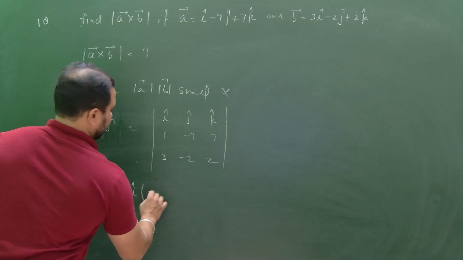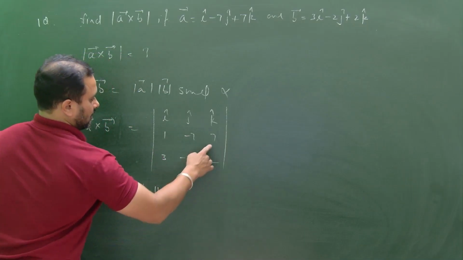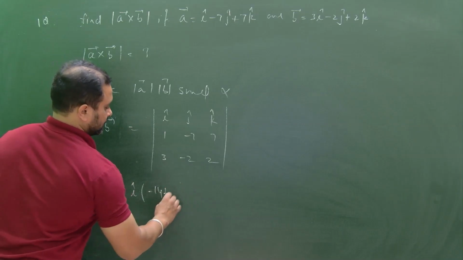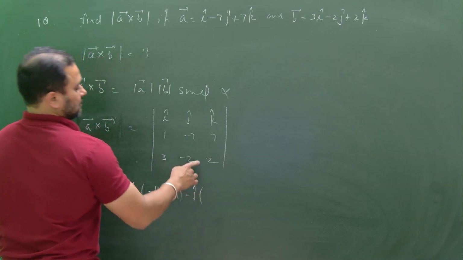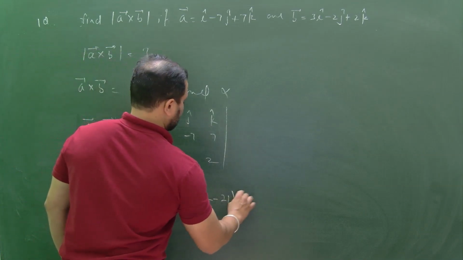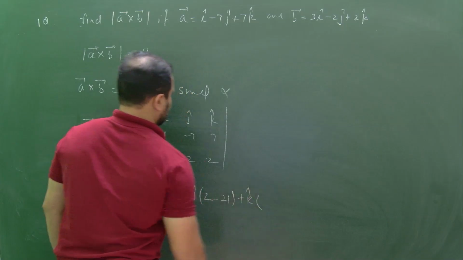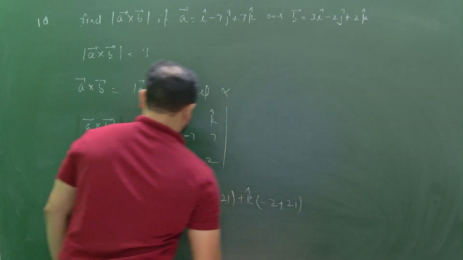दिस इज लाइक डिटर्मिनेंट जैसे हम सॉल्व करते थे: 7 into 2 is 14, and this is minus minus plus 14 i, minus of j cap, this is 2 times 2 minus 21, plus k cap, which is minus 2 plus 21.